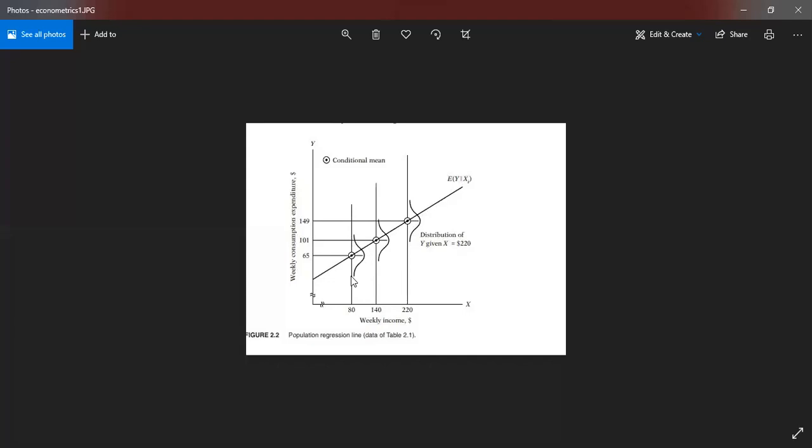So what is U? U is Y minus this mean. Also, if any Y value is below this, again Y minus this mean, at that time it will be negative. So U has some positive value, some negative value. Okay.